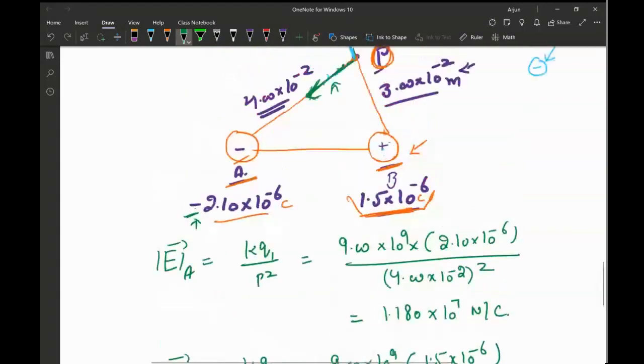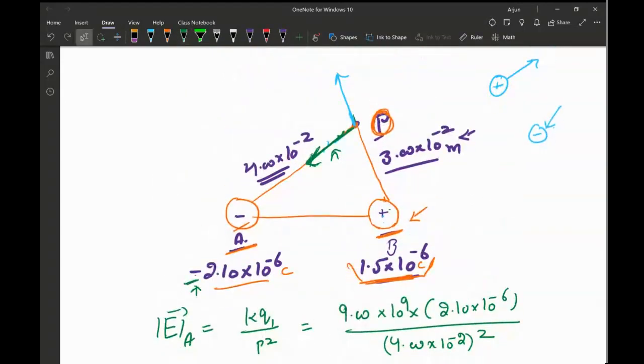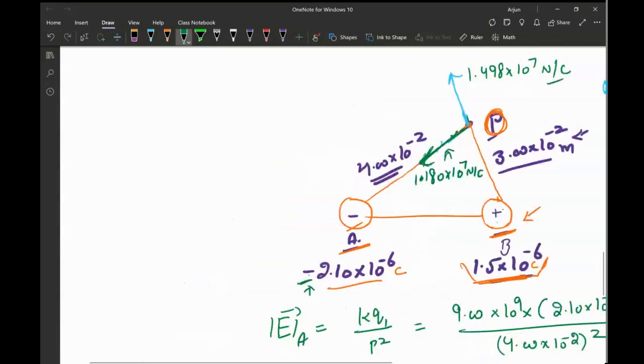Now I'll mention these two values down here. This value is 1.498 times 10 raised to the power 7, and this value is 1.180 times 10 raised to the power 7 Newton per coulomb. Now I'm going to draw both of them separately so that we can visualize them properly.